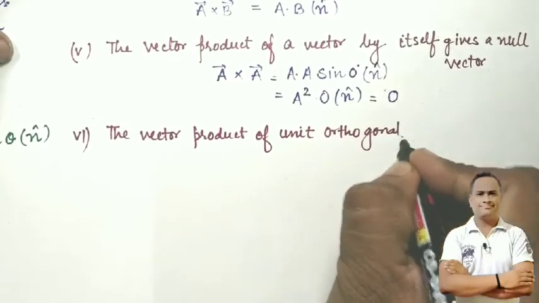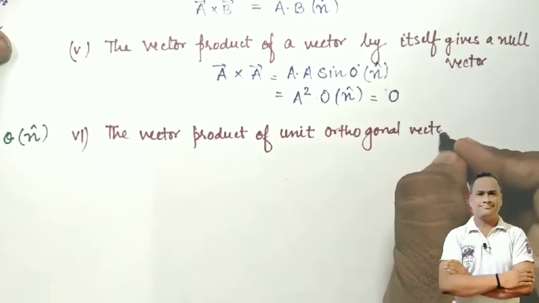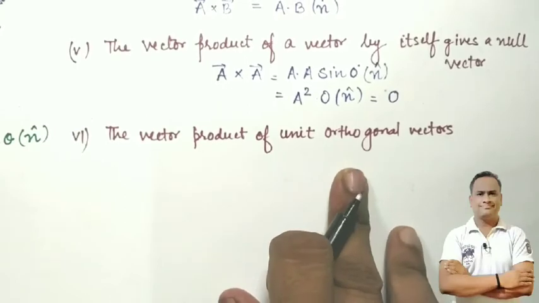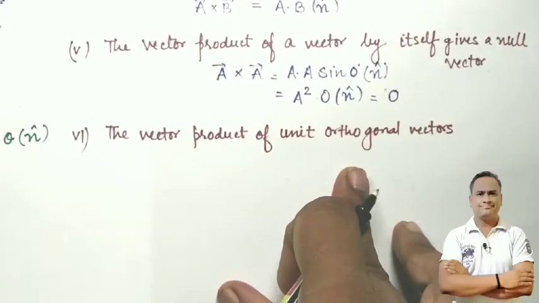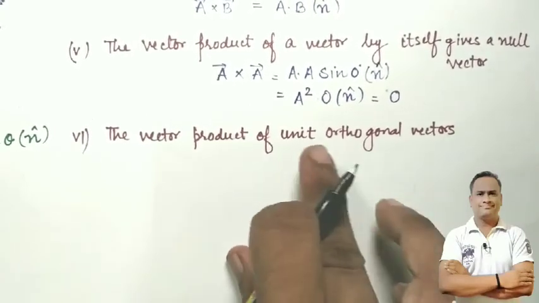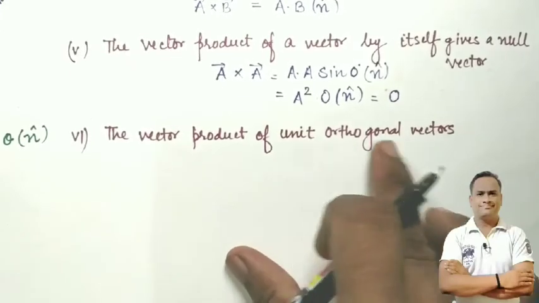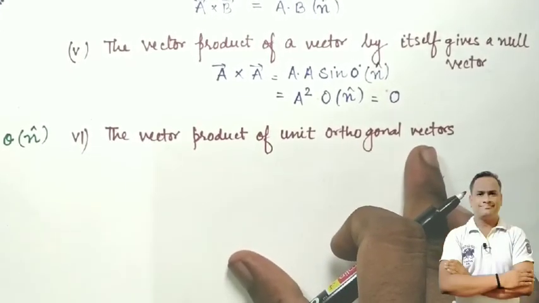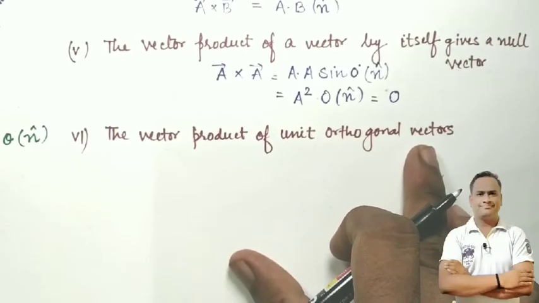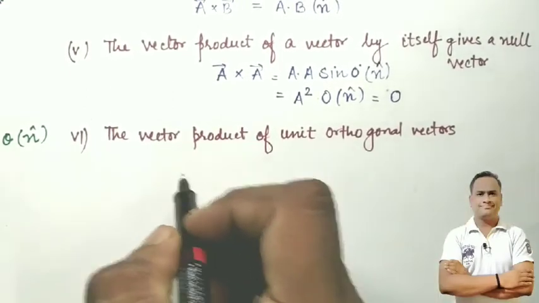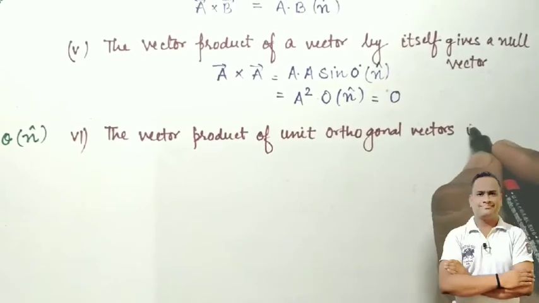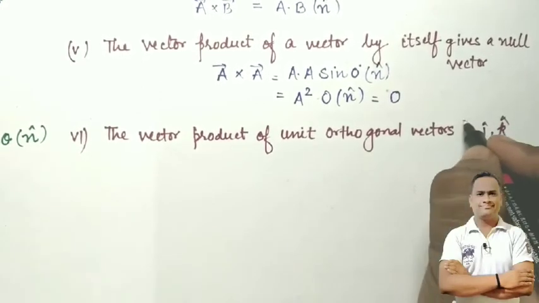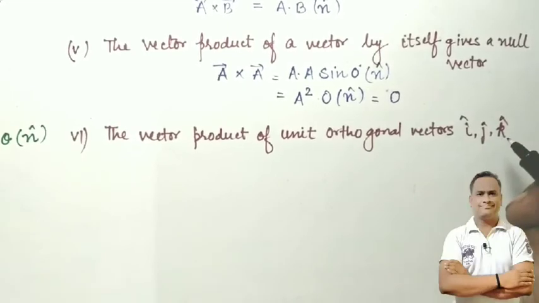Orthogonal vectors are those vectors which are mutually perpendicular to each other, and unit orthogonal vectors are those vectors which are perpendicular to each other with having the magnitude as unity. So as we know, I, J, K are the unit orthogonal vectors.